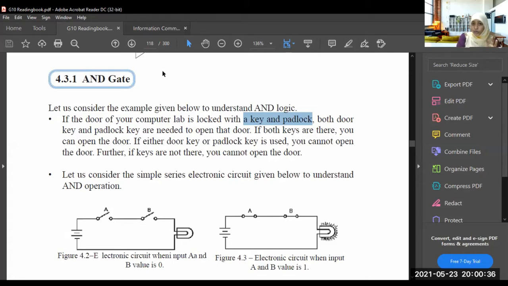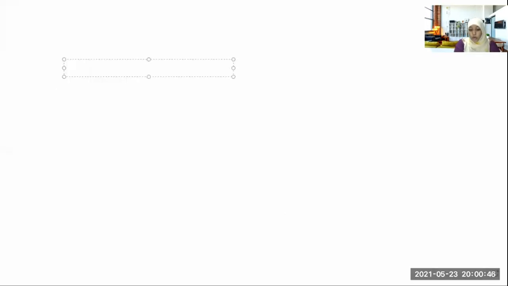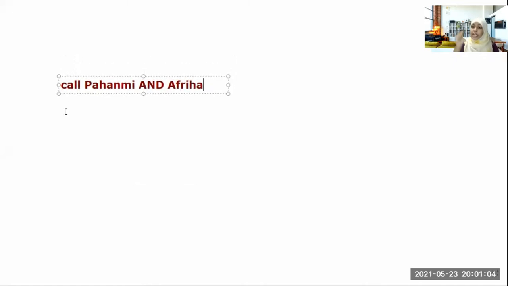If I tell Kenod, for example, please go call Pahanmi and Afriha, then Kenod should bring who? Pahanmi and Afriha. Both should come, no? Not one. Both should come.